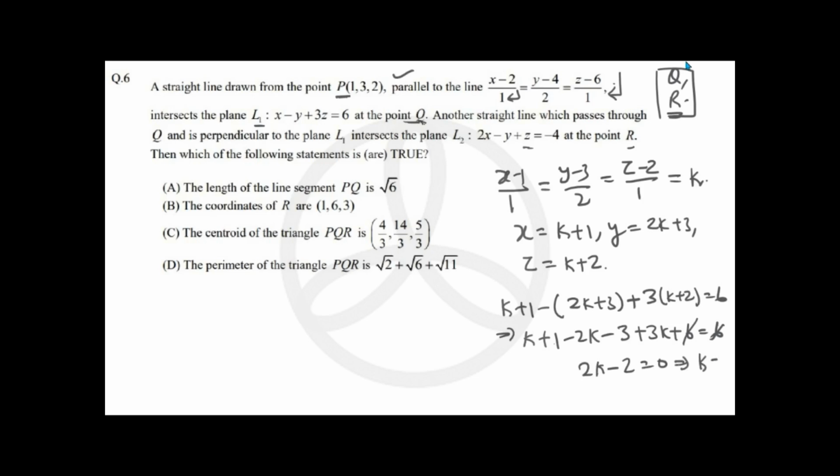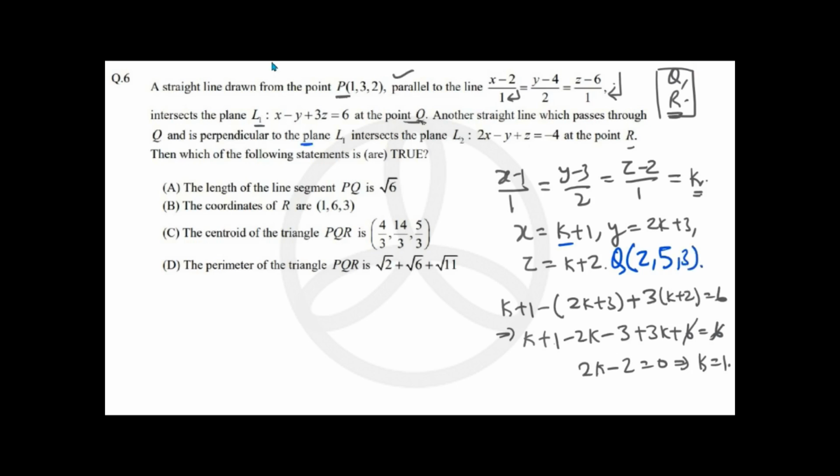This will give k is equal to 1. So the point at which it intersects, Q, will be 1 plus 1, which is 2, 2 plus 3, which is 5, and 3. Q will be (2, 5, 3).